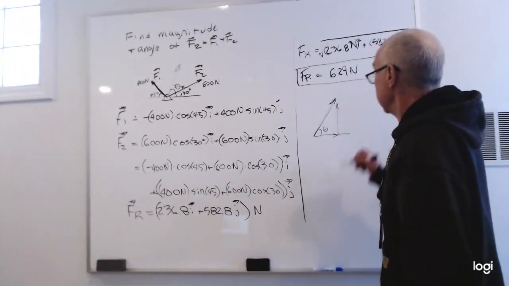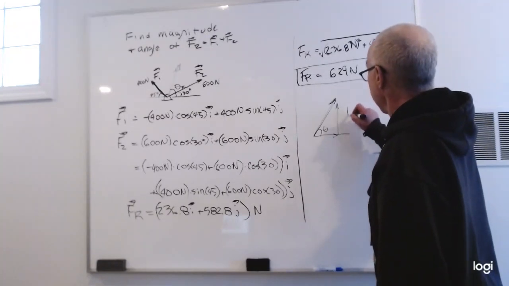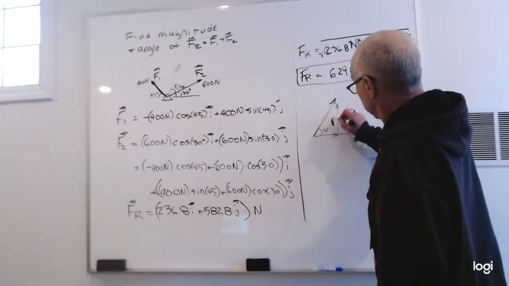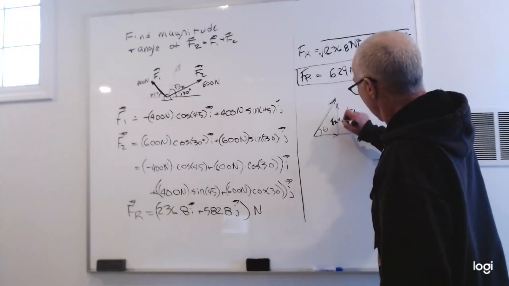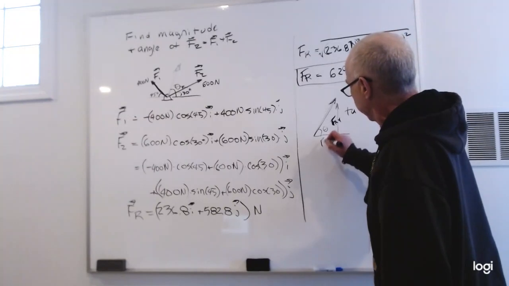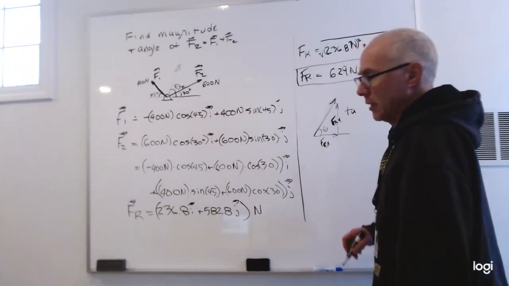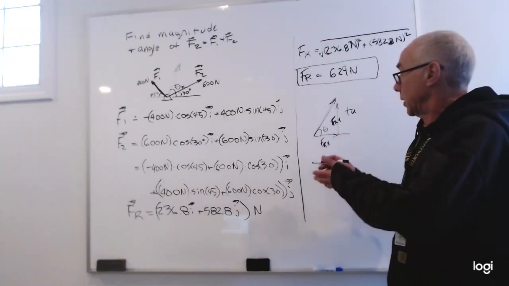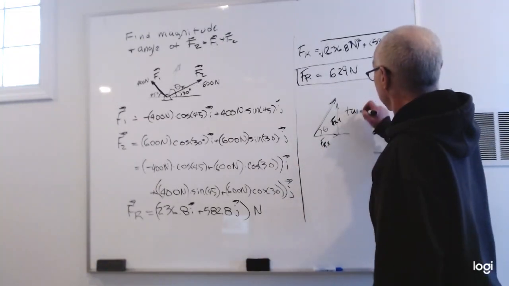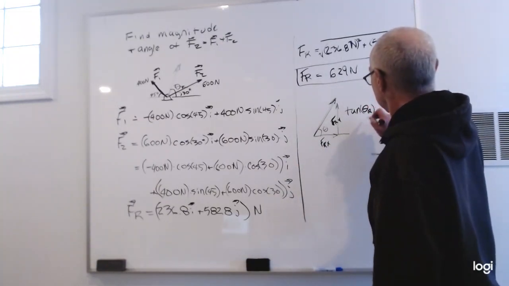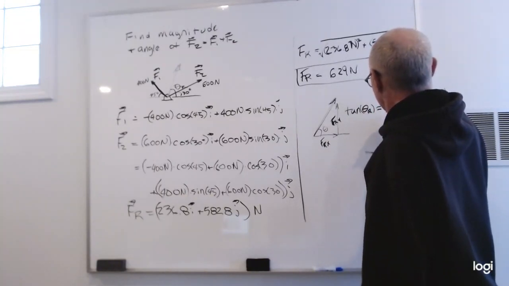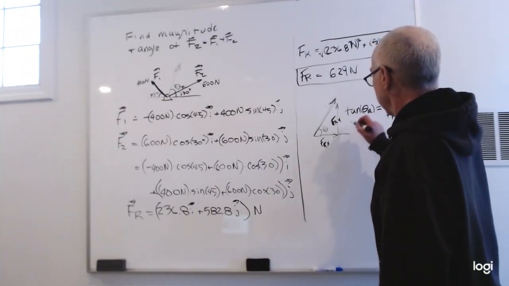So remembering that, F_Ry is this vertical direction, and this here is F_Rx, and realizing that the definition of the tangent is just the opposite over the adjacent for a right triangle, we can write that tangent of theta R equals F_Ry over F_Rx, and then we can take the arctangent of both sides.